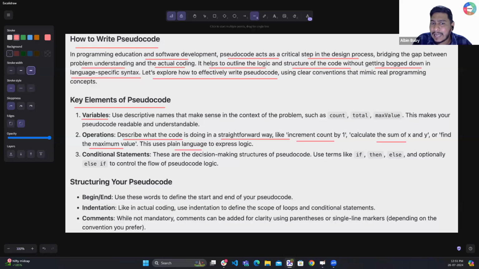This uses plain language to express logic. Conditional statements are the decision making structures of pseudocode. Use terms like if, then, else, and optionally else if to control the flow of the pseudocode logic. Because these things exist in all programming languages and everyone can understand them by reading quickly.